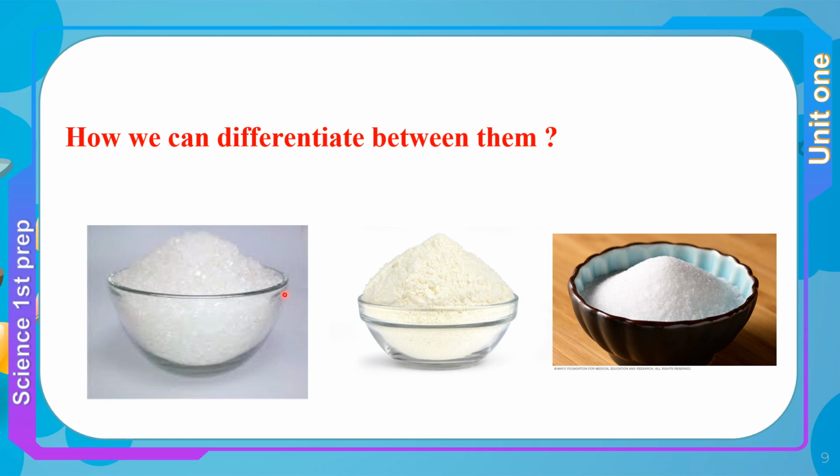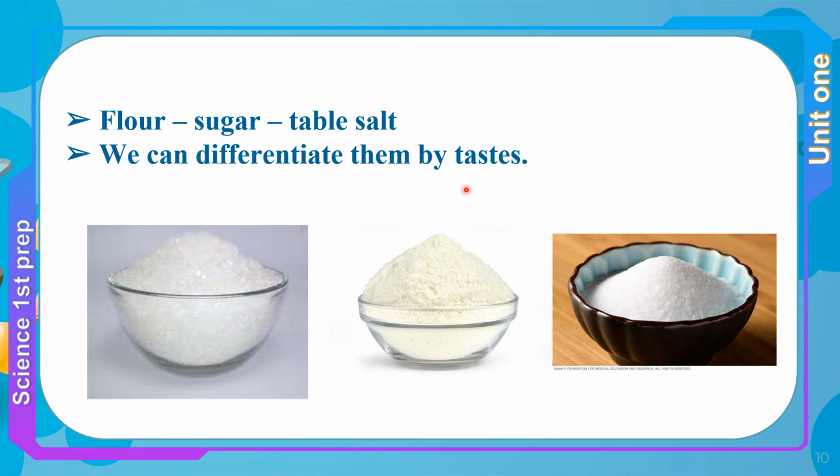So I can't differentiate between this and this and this with color, but can I differentiate with taste? I will taste this, it is sugar, and this is flour, and this is salt. By tasting I understand what is this and what is this and what is this. Flour, sugar, table salt. So I can differentiate them by taste.